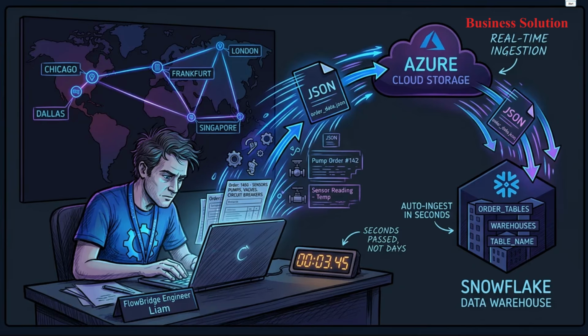So this raises one important question. How does data get from Flowbridge's operations into our cloud storage, okay? There are multiple ways to solve this. One common approach is using Azure Data Factory, which is a fully managed ETL service that connects directly to source systems, databases and APIs, and it loads our data into ADLS Gen2 on schedule or in real time.